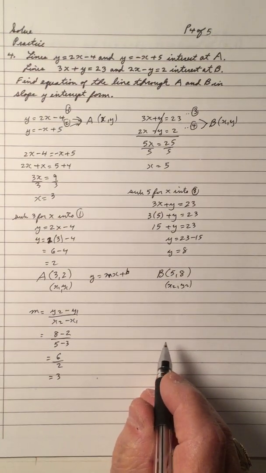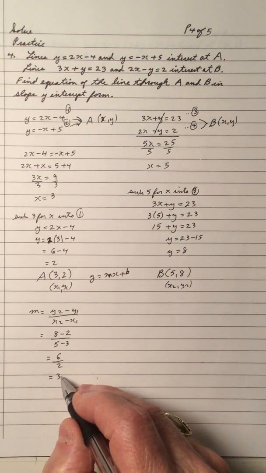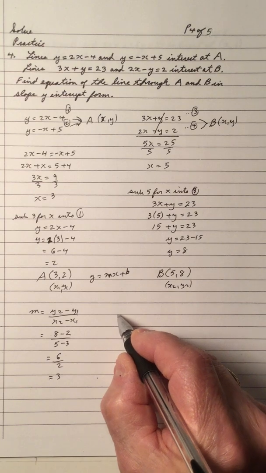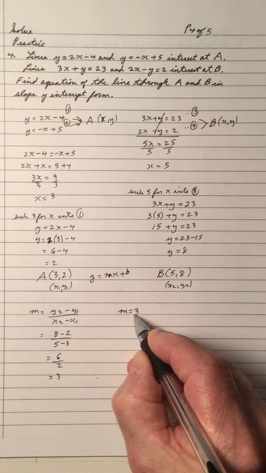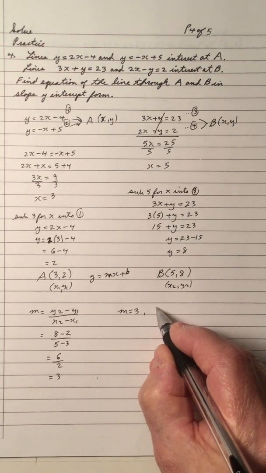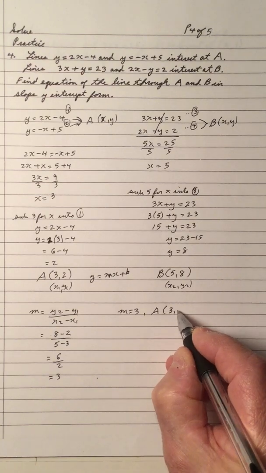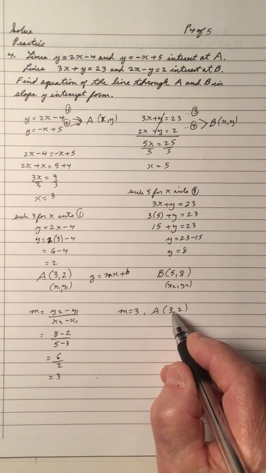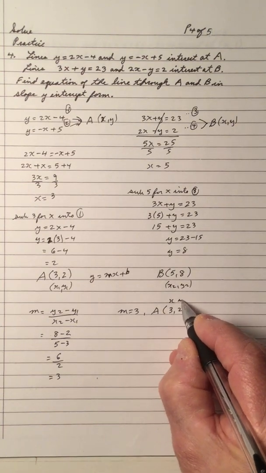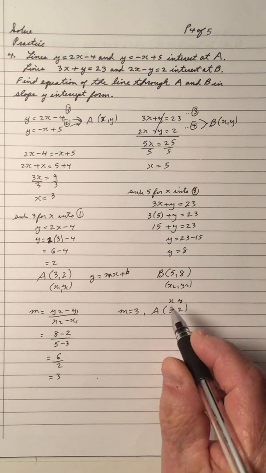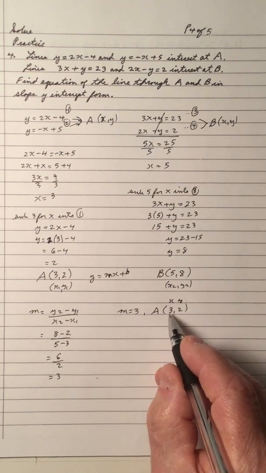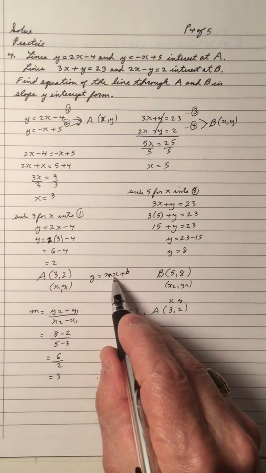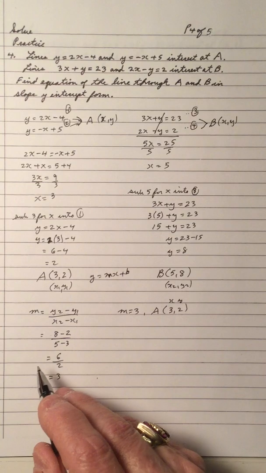Now I have a choice. I have my slope as 3, and I have a point. I'm going to take A, which is the point 3, 2, or I could take B. So this is my slope and this is my point. I can take the x and the y and plug them in here, and then find my b.